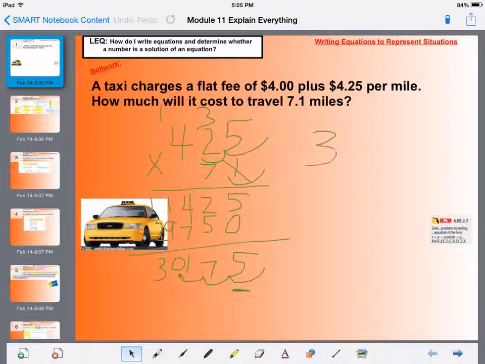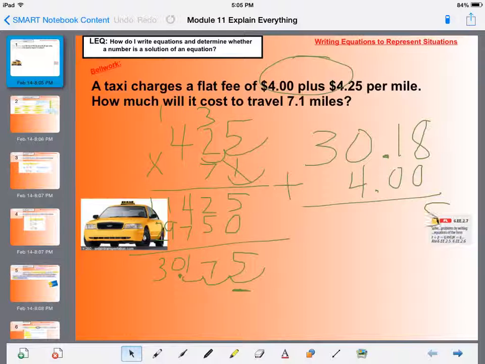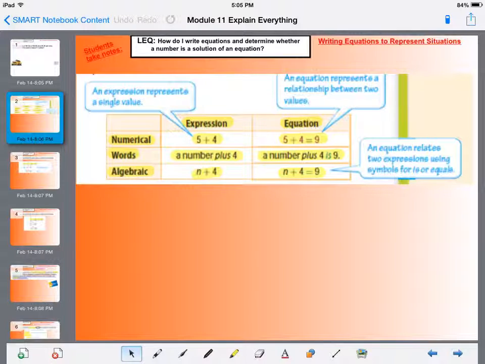So we're looking at $30.18 for the trip, but we can't forget the $4 flat fee. That's a one-time fee. Make sure we line up our decimal points properly, and so the answer here should be $34.18.